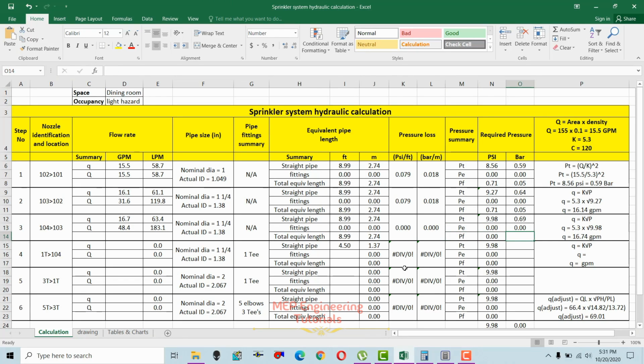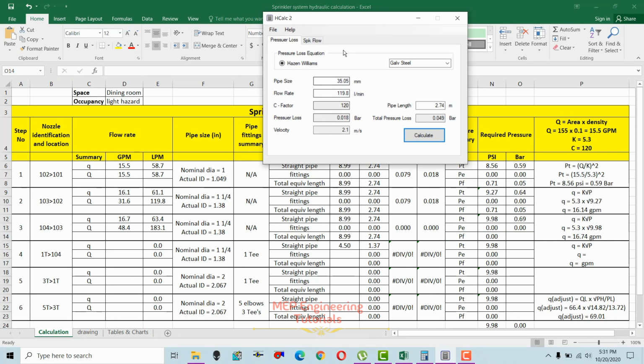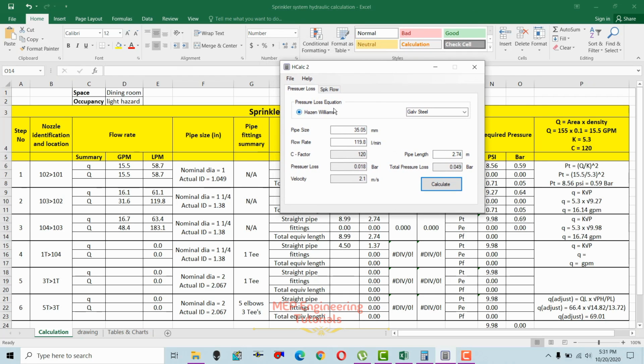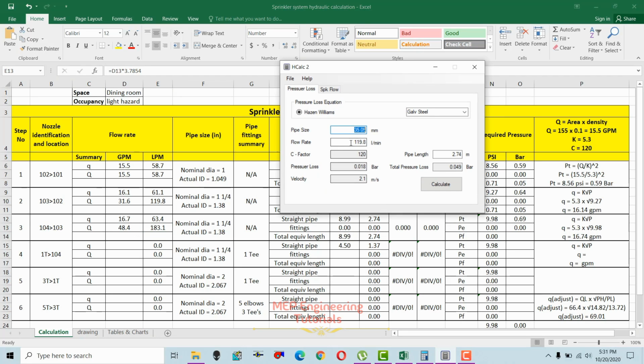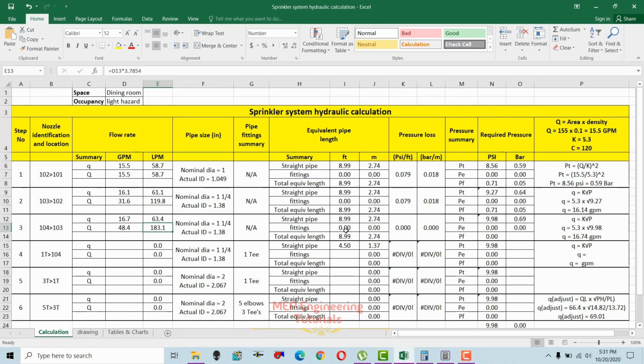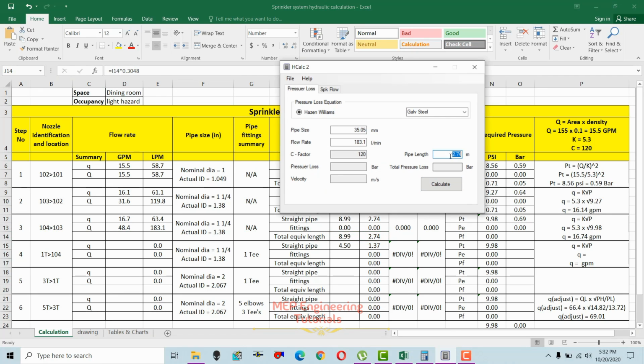Again we have to use this hydraulic calculator for the Hazen-Williams formula, and this time we have again 1.38 inch, which means 35.05 mm, and flow rate is 183.1. C factor is constant for galvanized steel, and you can see the total equivalent length is 8.99 feet, that means 2.74 meters. So 2.74 meters, calculate.